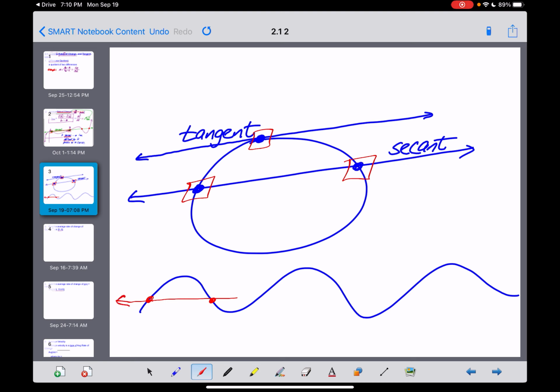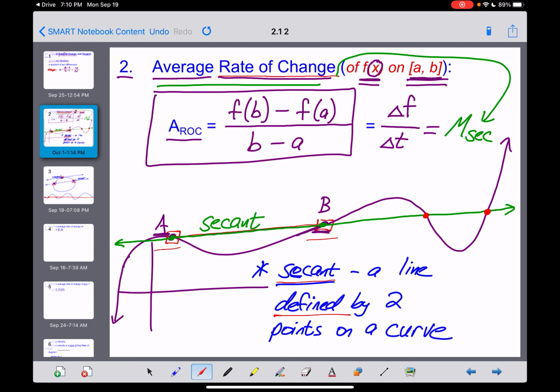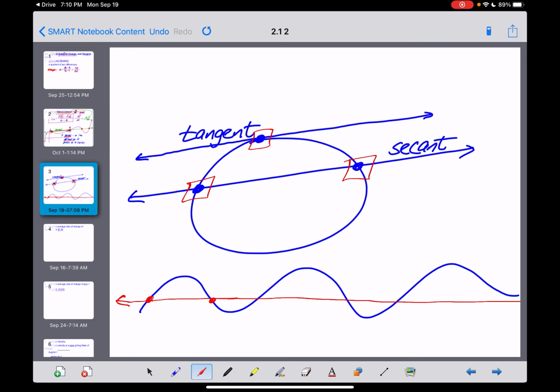But if you keep going, this is going to cross your curve, well, if I drew it right, how many times? Potentially infinitely many. All right, so it's really just the definition here that matters. And by that I mean this secant line was defined simply by 2 points on a curve. And a little bit later on in this section, we're going to redefine what a tangent line actually is, and it's not quite what you guys might think.